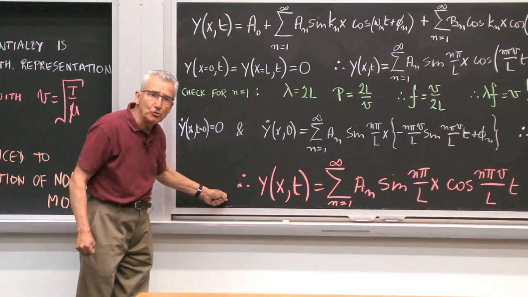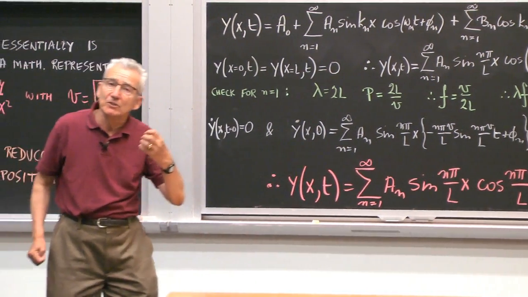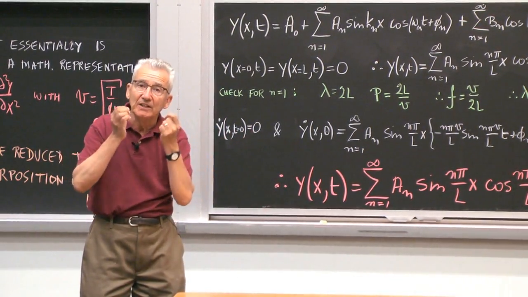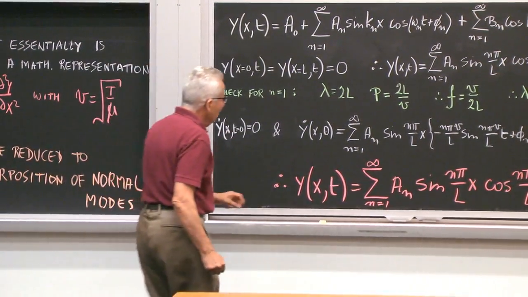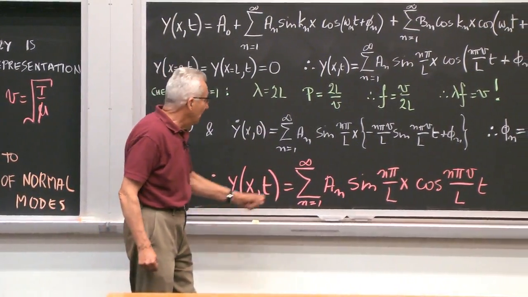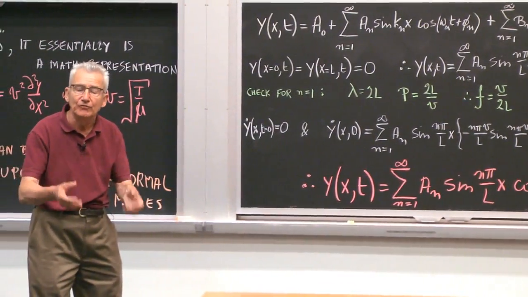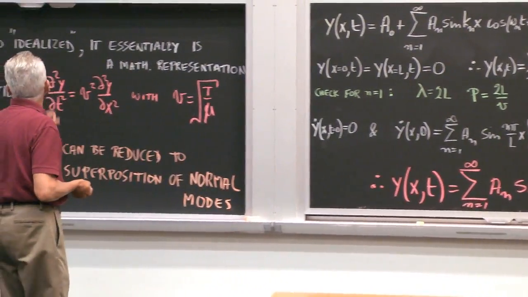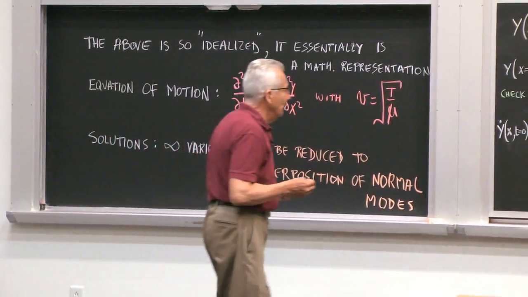This is only true for a situation where the string is tied at both ends and initially stationary. That forces you to that. And a_n is now not determined, and in order to find the value of a_n, in other words, the amplitude of the different normal modes, we have to make use of the shape of the string at t equals 0. And that's what we'll do now.